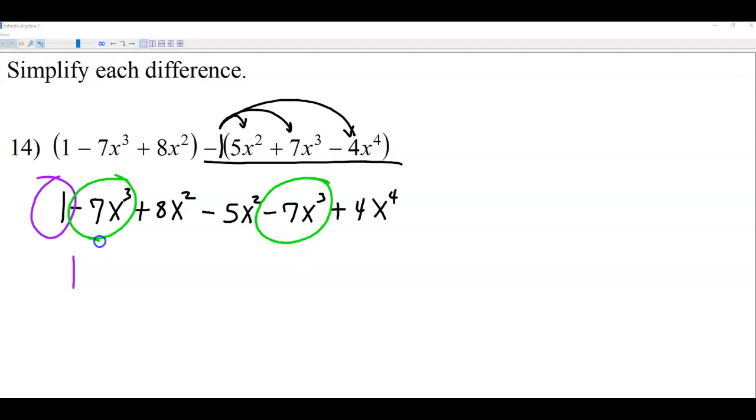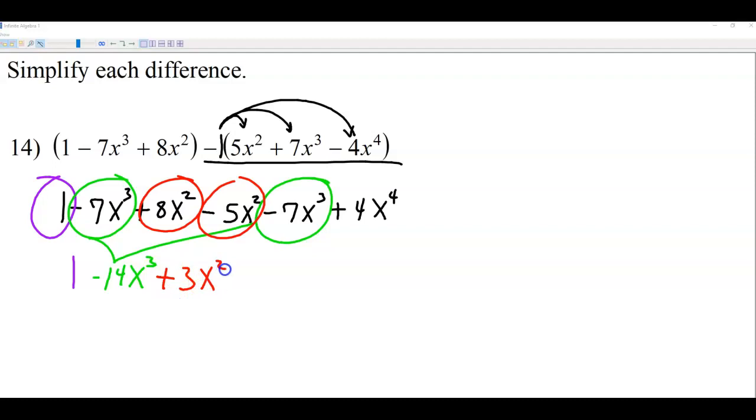So we can combine those. Negative 7 and negative 7 makes negative 14x cubed. Next, we have an x squared term here, 8x squared, and here's another one, 5x squared. So we have a positive 8, take away 5, which will be 3x squared.